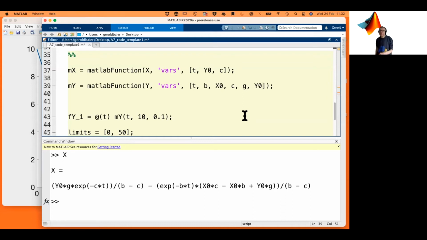So let me check it's correct. We have t, then b, c, g, those three parameters, and x naught and y naught as parameters that are passed over to the algebraic function.